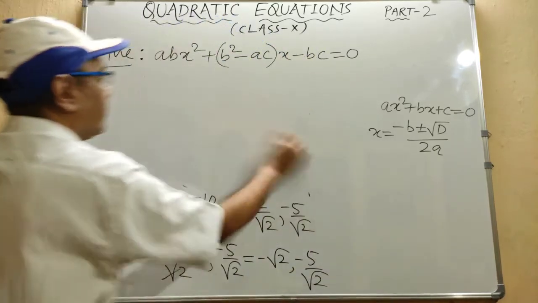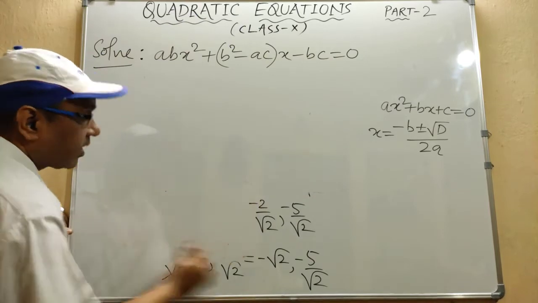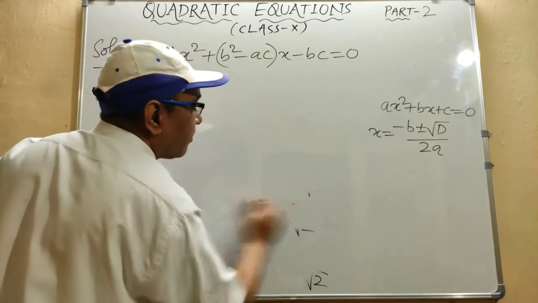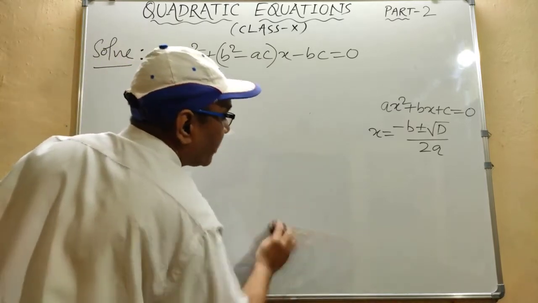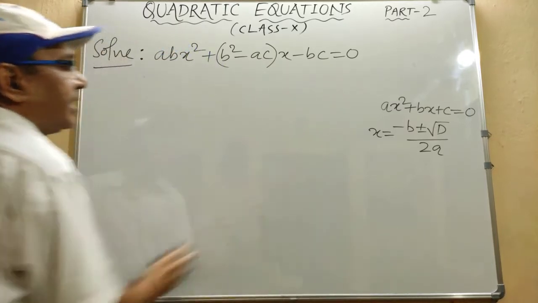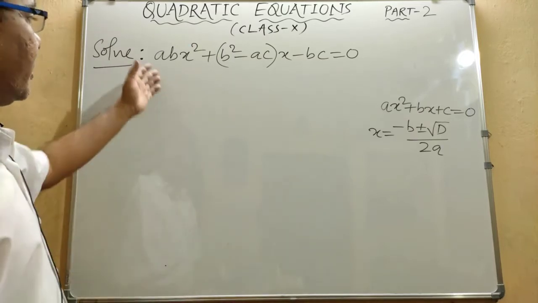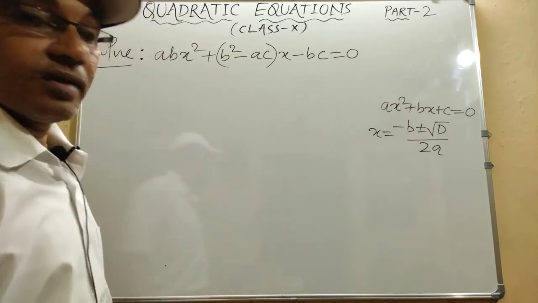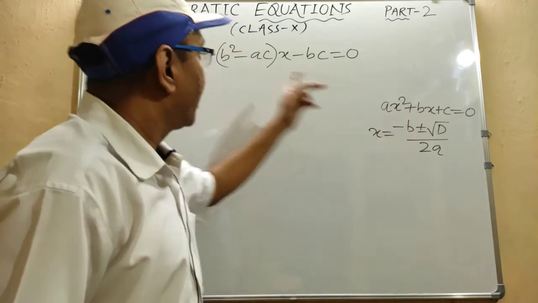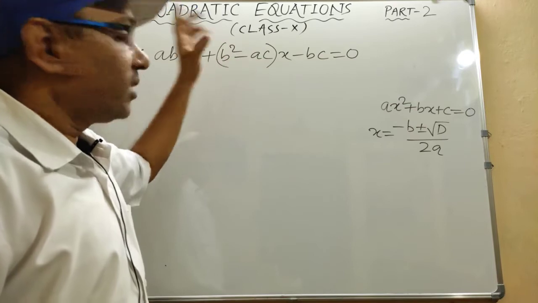Let us see by using the same formula, minus b plus minus root d by 2a. So here confusion may be created, this b and here also b is involved.